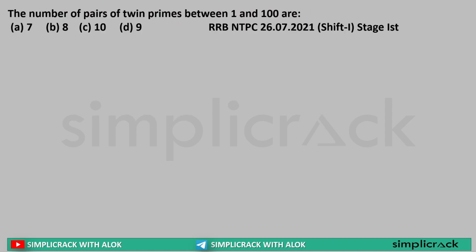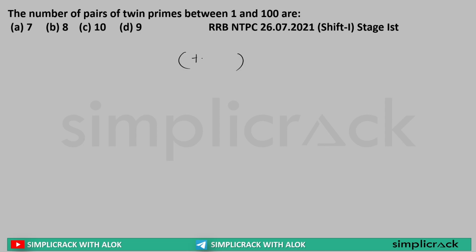Next. Number of pairs of twin primes between 1 and 100. Now, first of all, do you remember what is the meaning of twin prime numbers? Sir, a twin prime number is, for example, this is a pair I'm saying.